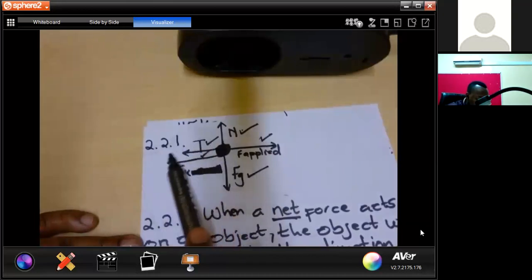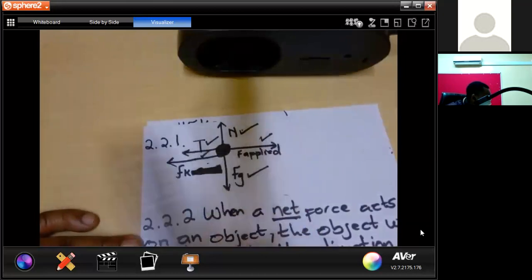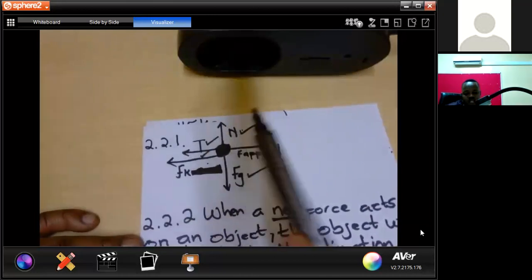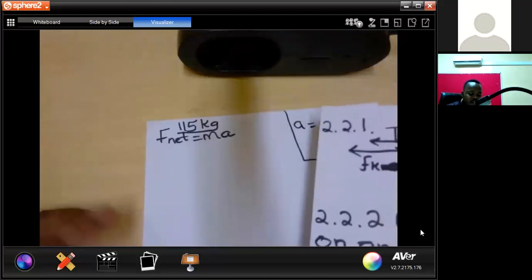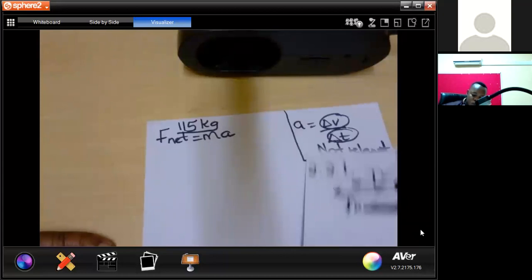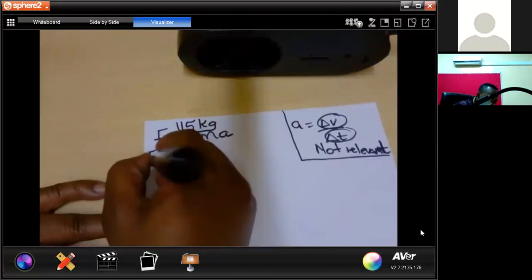So these are the forces: the tension, the kinetic friction, and the applied force are the forces that are responsible for the acceleration of the object altogether. So we are not going to include these two because the net force in the vertical direction is 0. So it means that will be F applied.